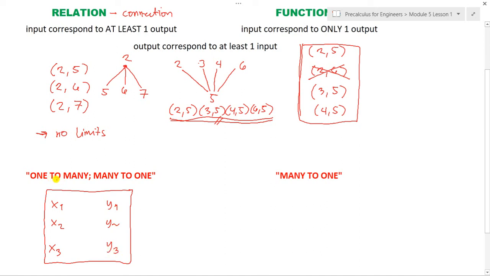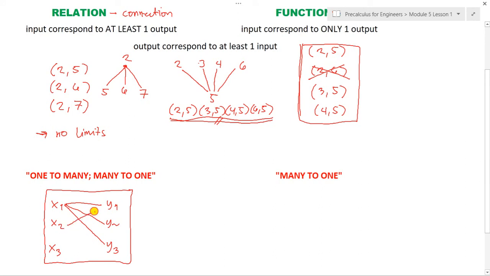When we say one to many, one input corresponds to many outputs. That is a relation. And then the second, many to one, meaning you have 2 or more inputs corresponding to only one output.